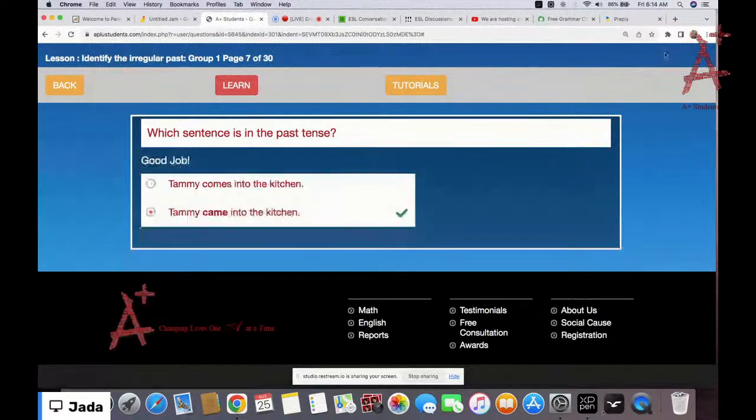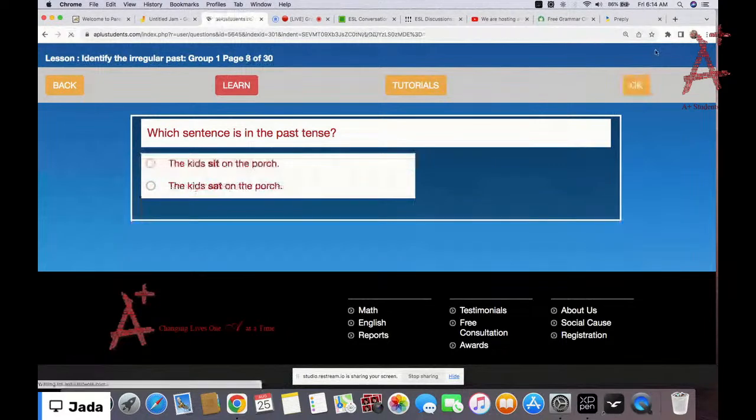Okay, everybody, that's it about the irregular past. Okay, that's how you identify them. And these, what we just did here, are the irregular past. Okay, so yeah, now we will move on to the next lesson. I hope that you understand this one.